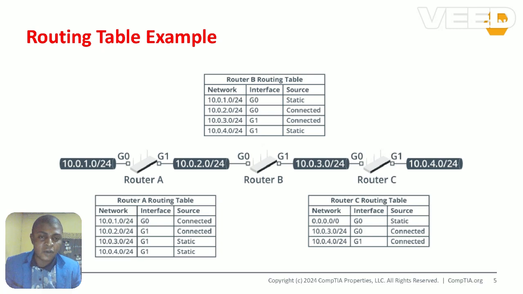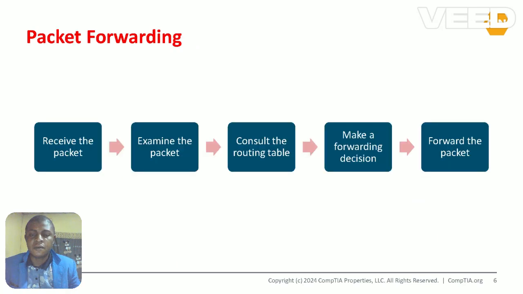Now the last one, router C: we discover that 0.0.0.0/0 happens to be static as well, while the other two are connected. This is what a routing table is all about. With that previous slide, imagine this example of a routing table. It gives you a clear picture of what routing is all about.